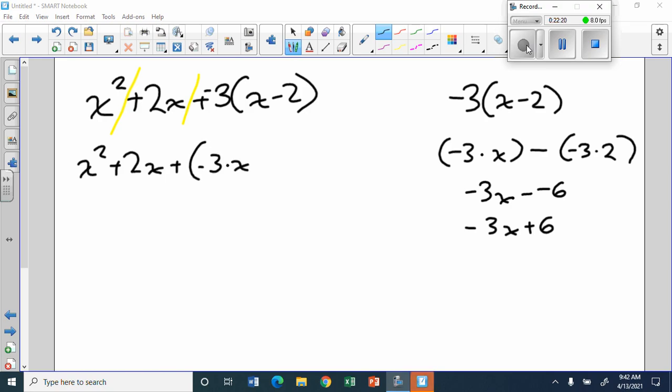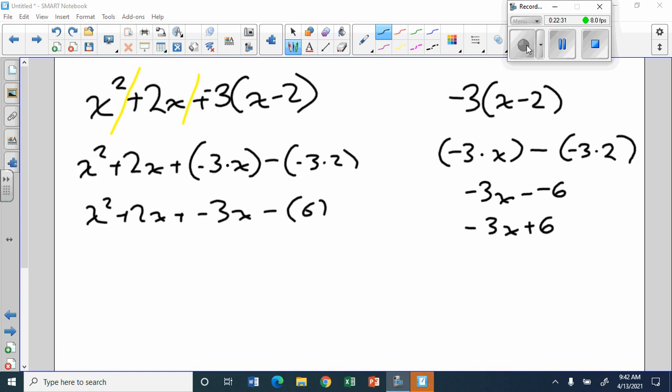Negative 3 times x minus negative 3 times 2. X squared plus 2x plus negative 3x minus 6. X squared plus 2x minus 3x minus 6 plus 6. Because that's minus a negative, that becomes plus.